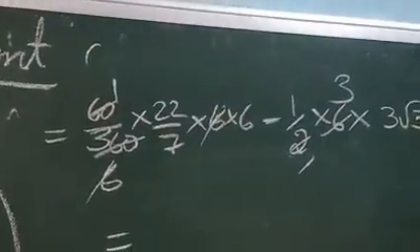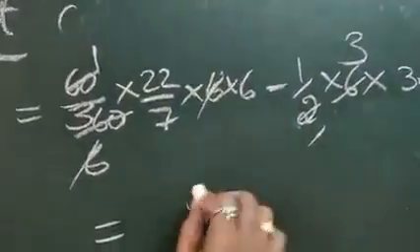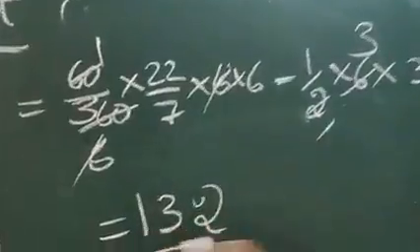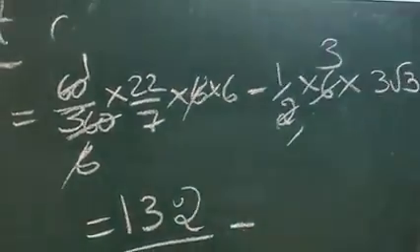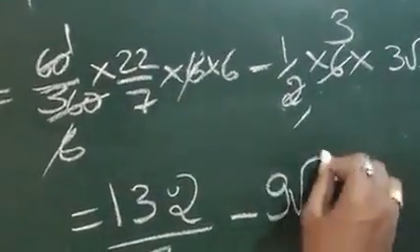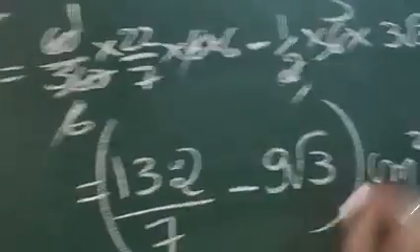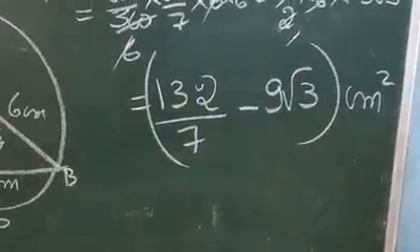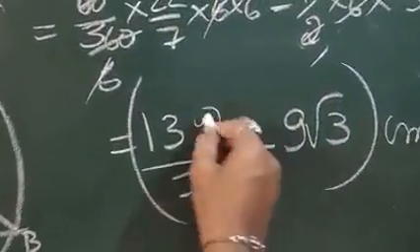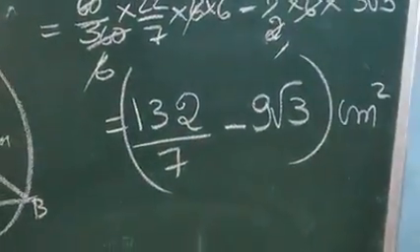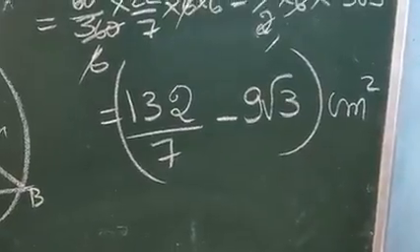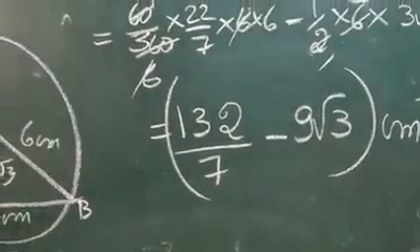Then 22 6s are 132 divided by 7 minus 3 3s are 9 root 3 centimeter square is the area of the segment.